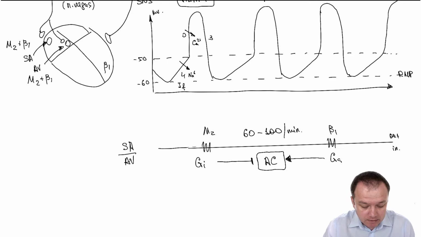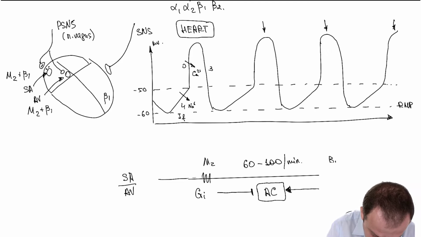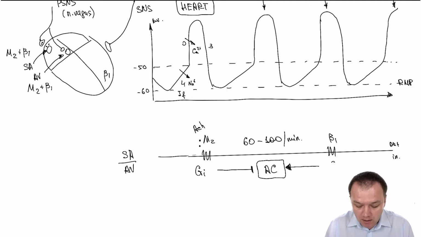So really, increasing vagus nerve tone causes acetylcholine release. Acetylcholine interacts with the M2 receptors and slows down heart rate. How does that happen?